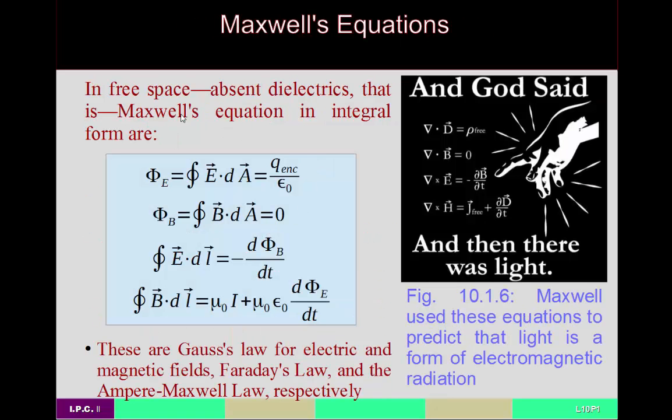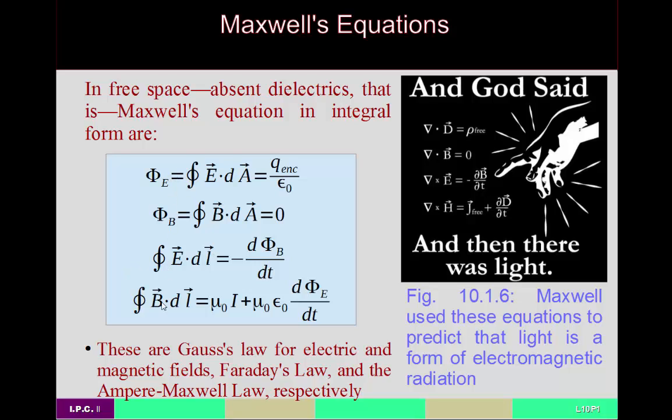So in free space, absent dielectrics, you get Maxwell's equations in integral form. Basically, they are Gauss's law for electric fields, Gauss's law for magnetic fields, Faraday's law, and then the Maxwell-Ampere law, or Ampere-Maxwell law.